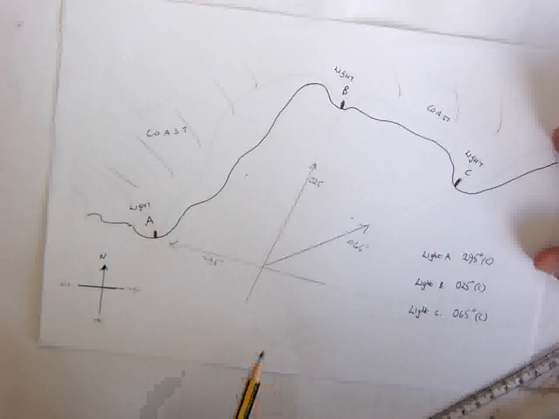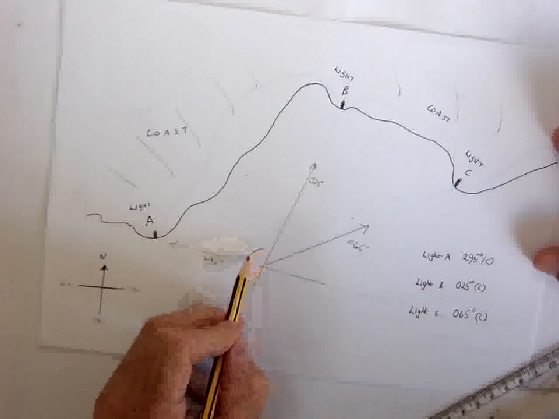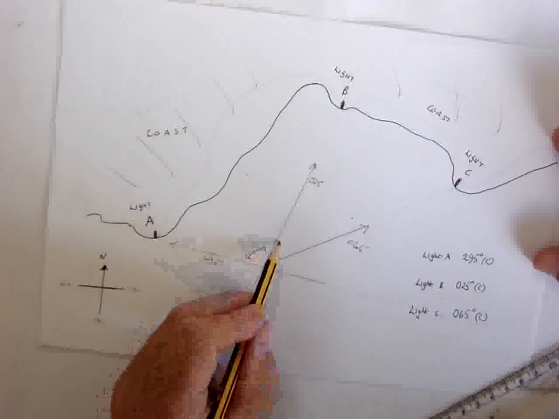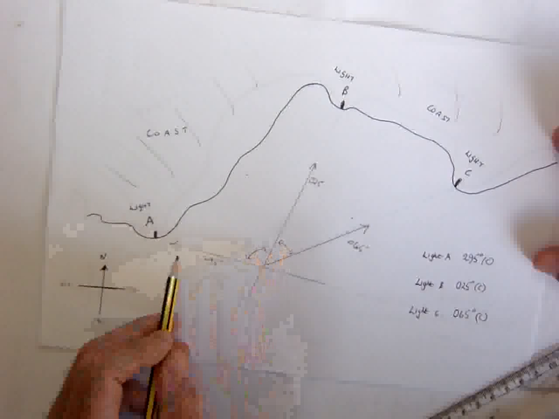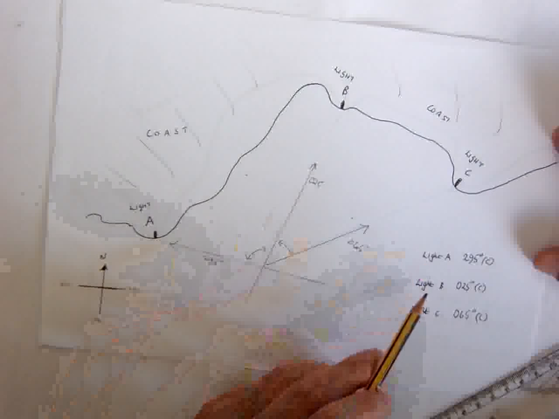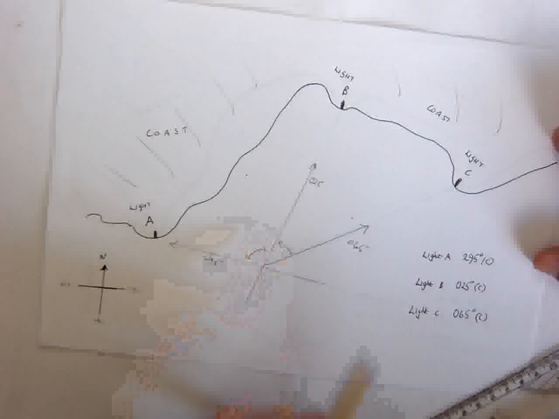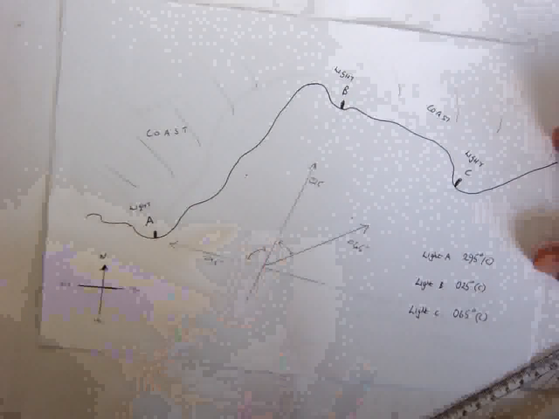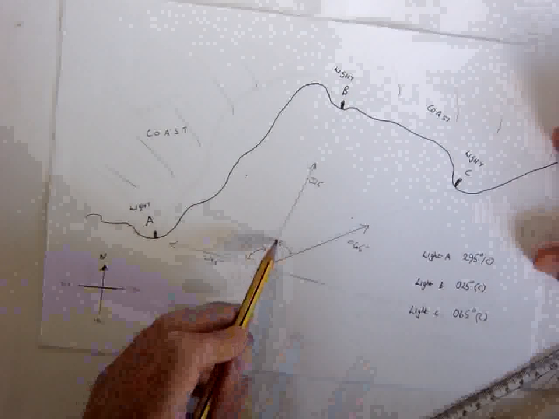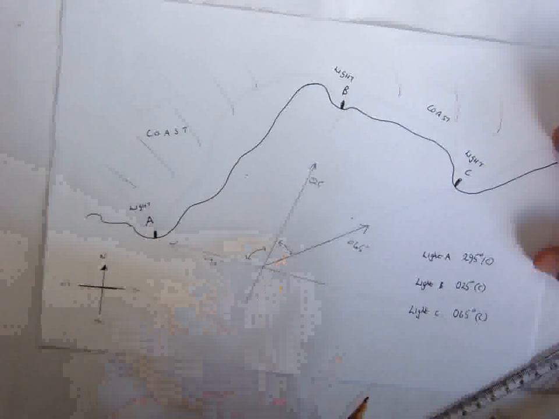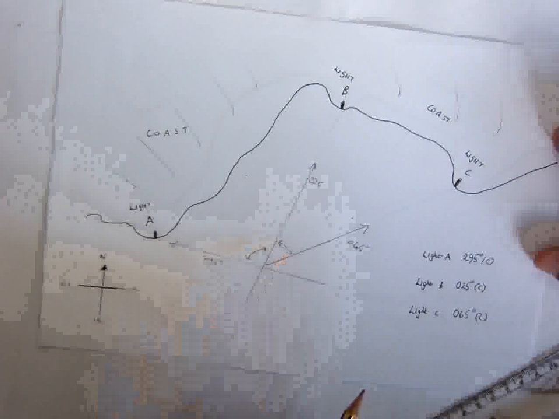What is true and what is factual in this instance are these 2 angles. It doesn't matter what error we have in the compass, the angle between 295 and 025 is a true value, and the angle between 025 and 065 is also a true value.